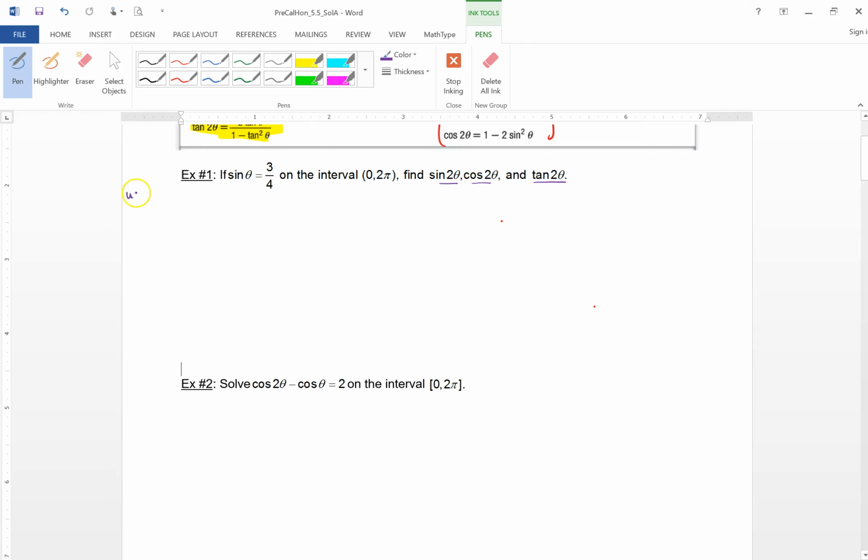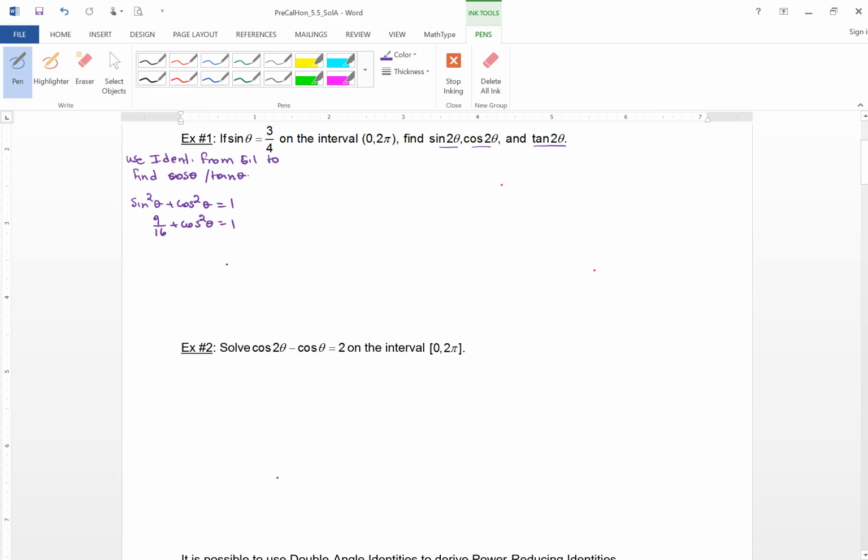So use identities from 5.1 to find cosine of theta and tangent of theta. So first off, we have sine squared theta plus cosine squared theta equals 1. 3 over 4 squared is 9 over 16, plus cosine squared theta is equal to 1.